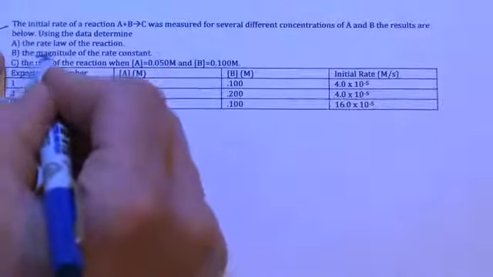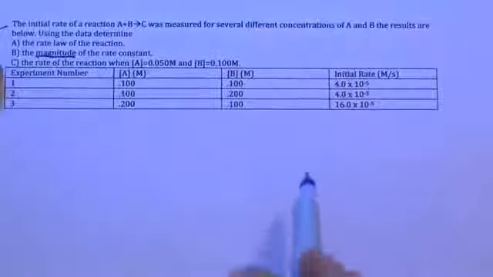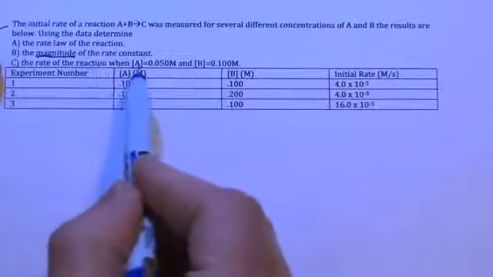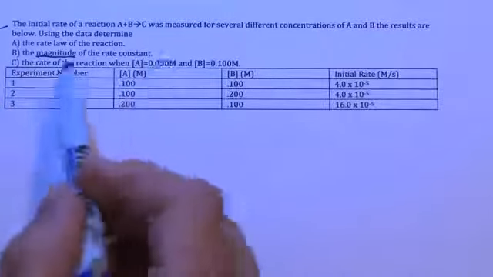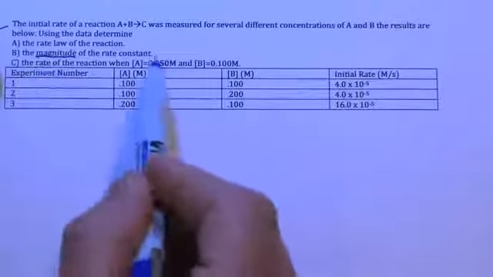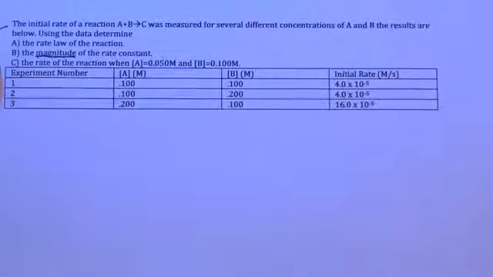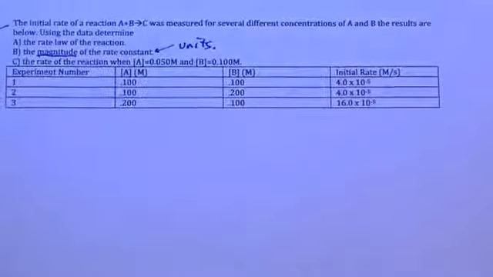That's what magnitude means, numerical value. And lastly, the rate of the reaction when A and B have given values. That means once we have the rate expression, we'll plug these numbers in and actually get a physical number for the rate. Usually it also asks for the units of the rate constant, just like we did in the last sample problems.